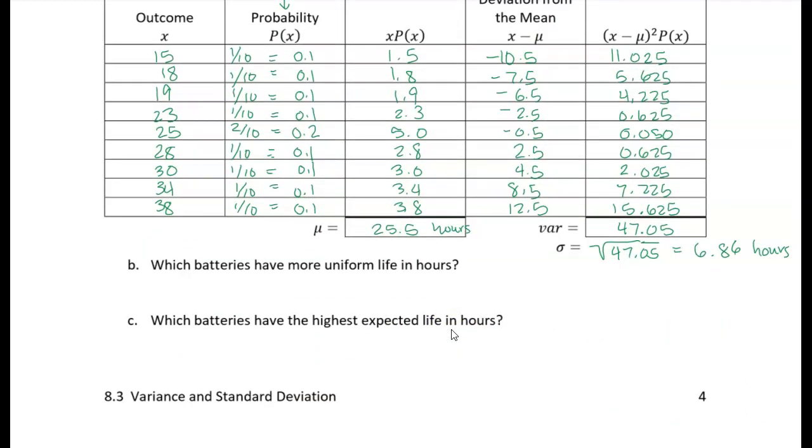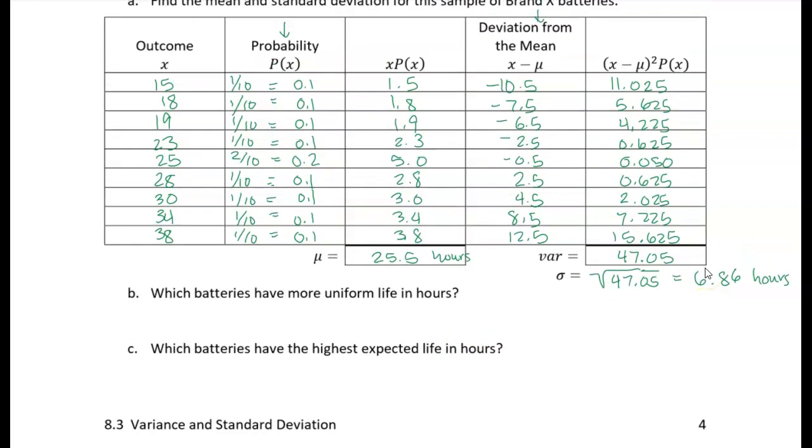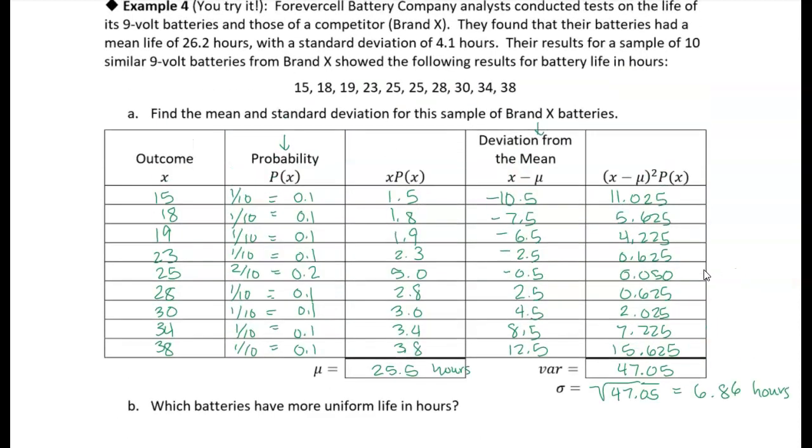The next question asks, which batteries have a more uniform life? All right, now we've got our standard deviation, right? The one that's more uniform is going to have the lower standard deviation. We calculated the standard deviation of brand X to be 6.86, and we're told up here for the Forever Cell batteries, their standard deviation is 4.1.